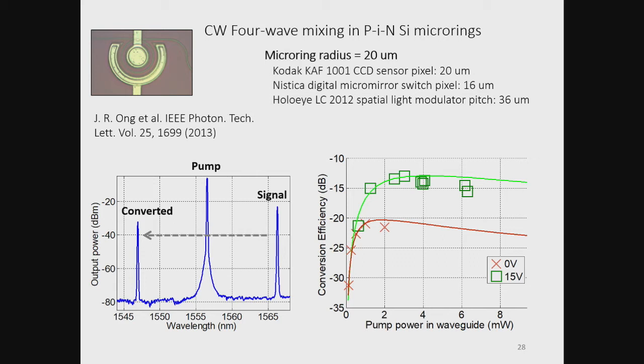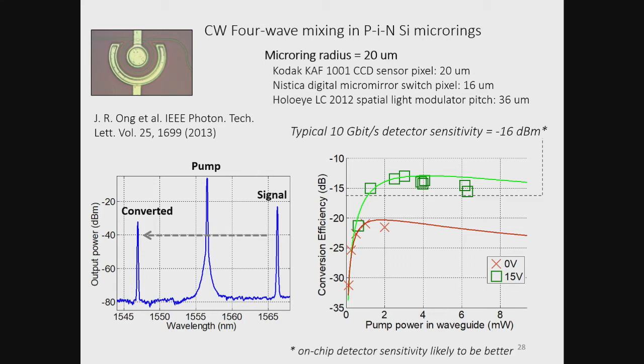Now, in 20 microns, you can shift your signal by about 30 or 40 nanometers with a conversion efficiency of what looks like minus 12-ish dB. But that's good news because the detector sensitivities are typically minus 16. The pump power needed is now on the order of a couple of milliwatts.